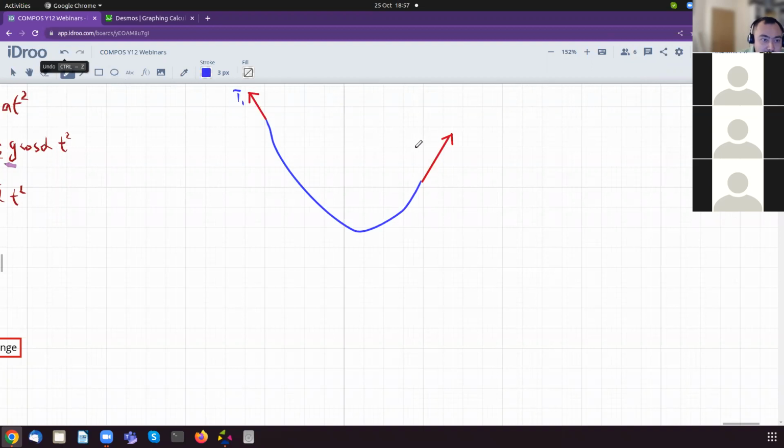So T1, T2, and let's say this is T1 sine alpha, T1 cos alpha, T2 sine beta, T2 cos beta.